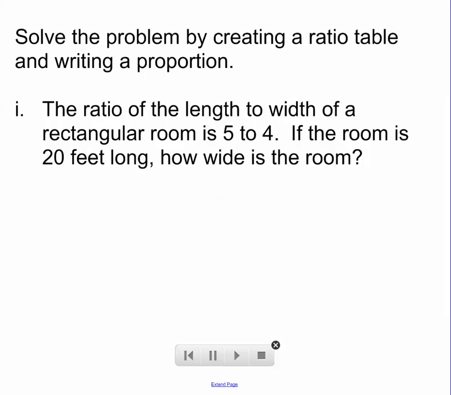Solve the problem by creating a ratio table and writing a proportion. The ratio of the length to width of a rectangular room is 5:4. If the room is 20 feet long, how wide is the room? Okay, so here's what a ratio table looks like. We'll do length and width. The ratio is 5 for the length and 4 for the width.